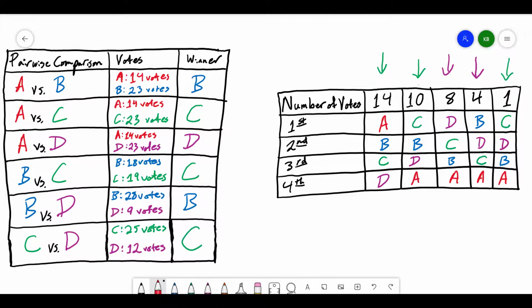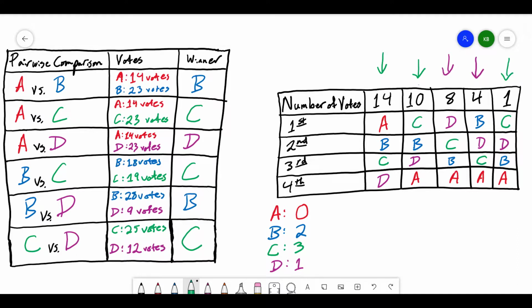Now that I've determined the winner for all of these sub-elections, I determine the winner of the whole election by counting how many times they were a winner in these sub-elections. A was a winner 0 times. B was a winner twice. C was a winner 3 times. And D was a winner once.